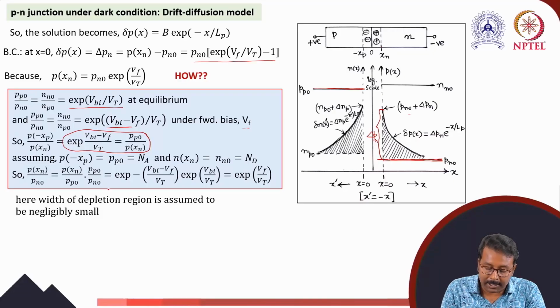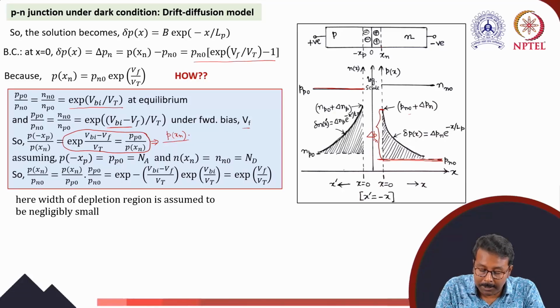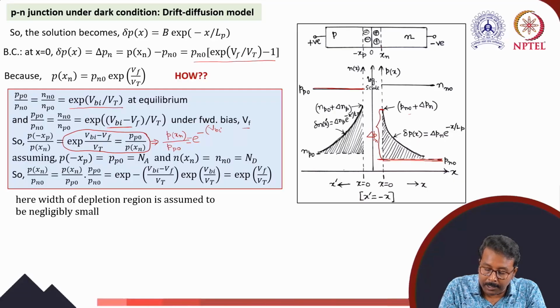That means Pxn by Pp0, this indicates P at xn, that is excess holes at the xn boundary divided by Pp0, will be exponential minus (Vbi minus Vf) by Vt, and this value is used here. So finally we get exponential Vf by Vt.